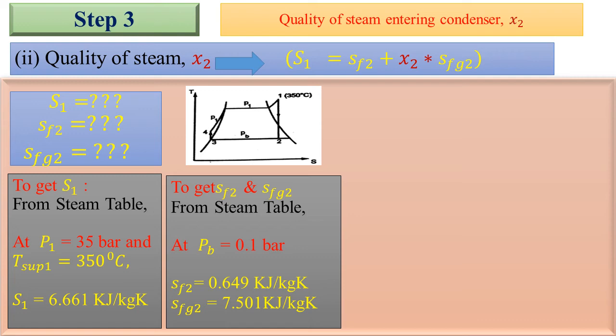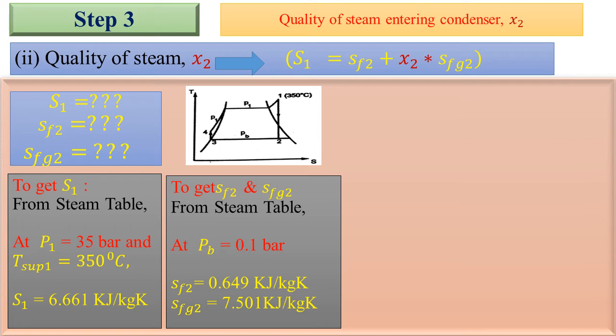Also point 2 is within the saturated region, in between the saturated liquid line and the saturated vapor line. It lies in a wet region. As it lies in a wet region, we have to refer to the pressure based steam table. Therefore, from the pressure based steam table, at a pressure of 0.1 bar, PB meaning back pressure of the condenser, we will select the values of SF2 and SFG2.